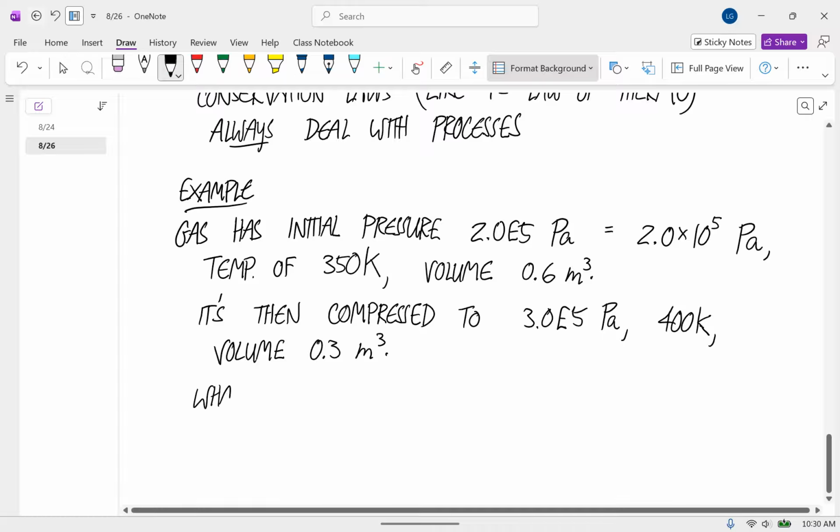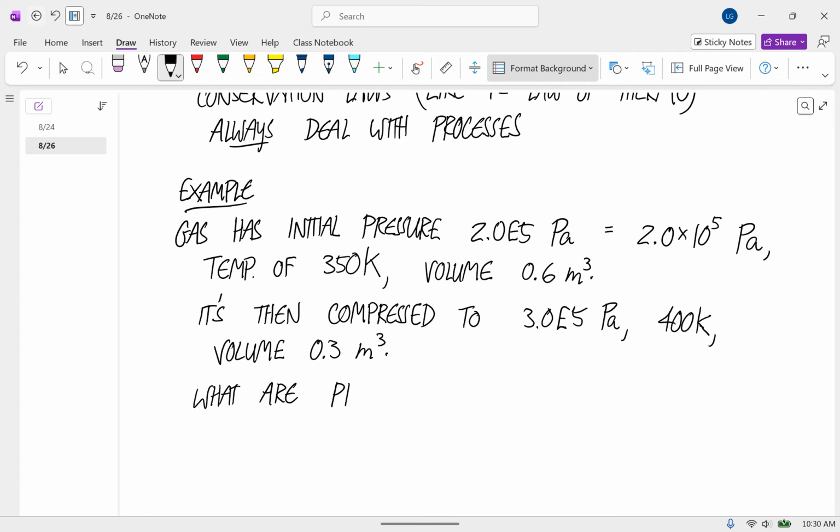What are the properties, the states, and the processes?